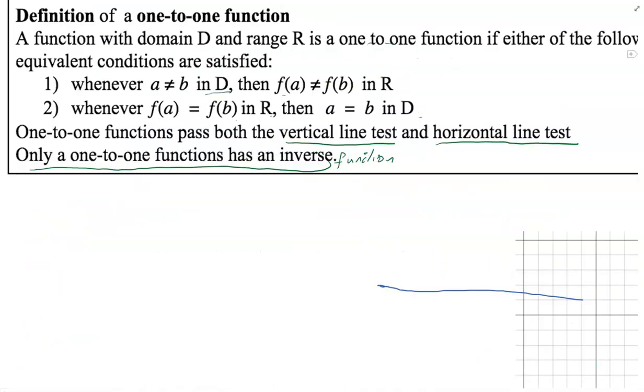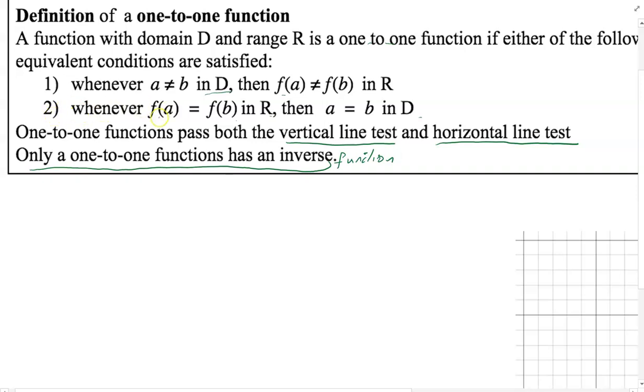Let's talk about one-to-one functions. By definition, a function with domain D and range R is a one-to-one function if either of the following equivalent conditions is satisfied. 1, whenever A is not equal to B in the domain, then f of A is not equal to f of B in the range.